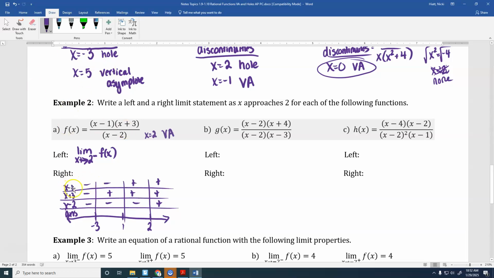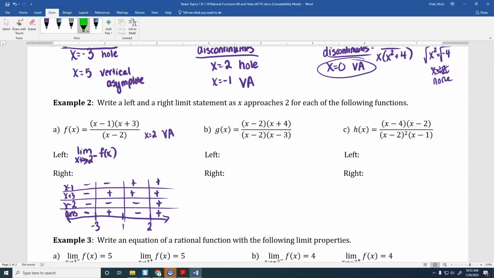Notice it switches from negative to positive at 1 for that top line, at -3 for the middle line, at 2 for the bottom line. That sort of always happens. That's why, as you become more comfortable with the chart, it's much quicker than other methods. So that answer is negative, positive, negative, positive.